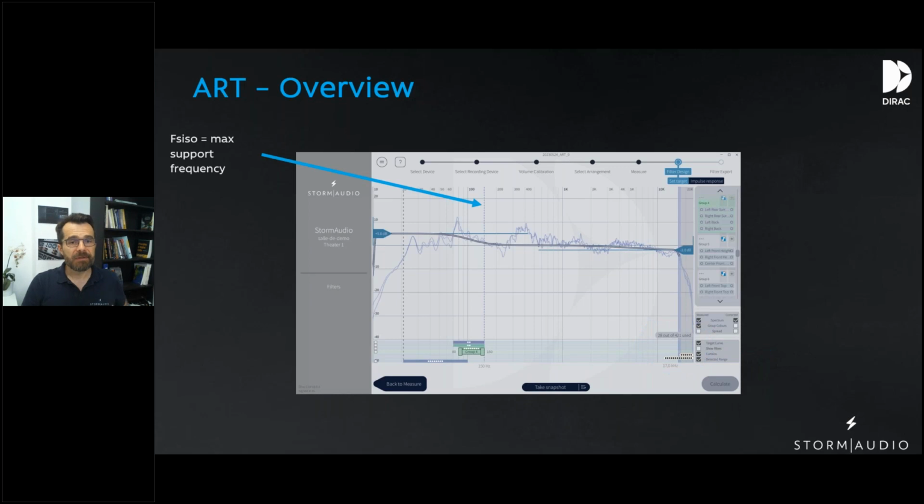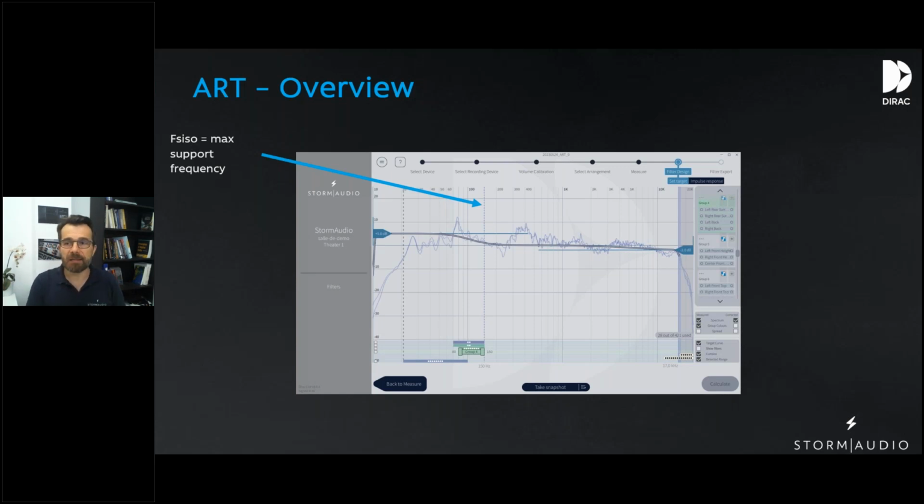Other information on this page is what we call the FSISO. That's the maximum support frequency that the system will follow. That can be adjusted. So far, our experience leads us to the conclusion that you should start by leaving it at 150 Hz. The reason is that it really helps to have a very smooth transition between what the active room treatment is doing and what the passive treatment is doing.